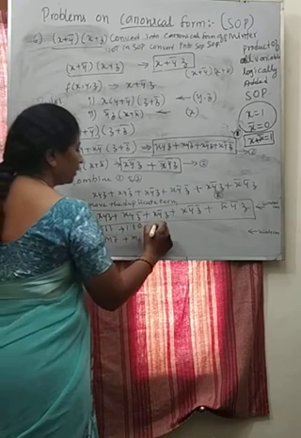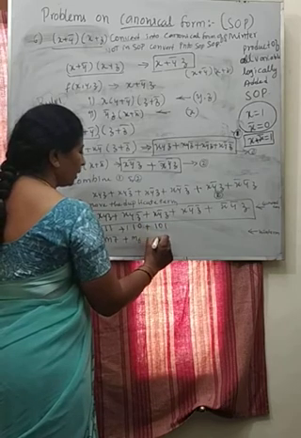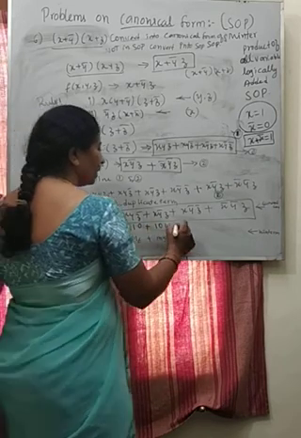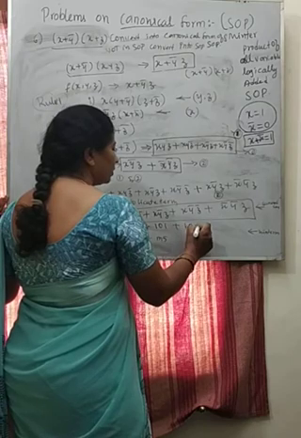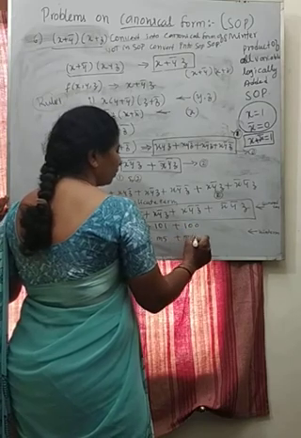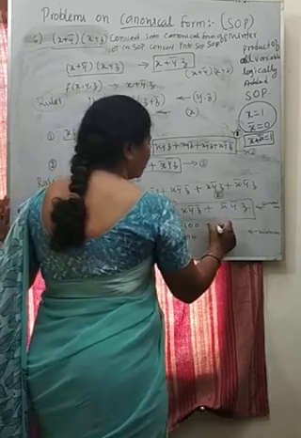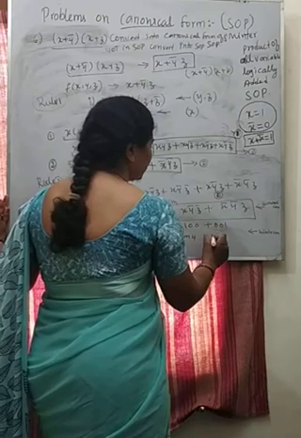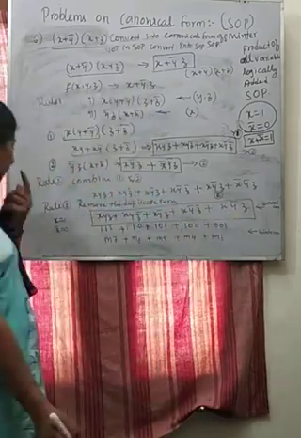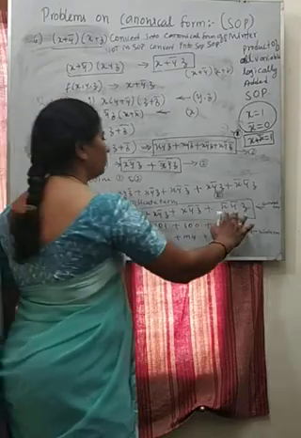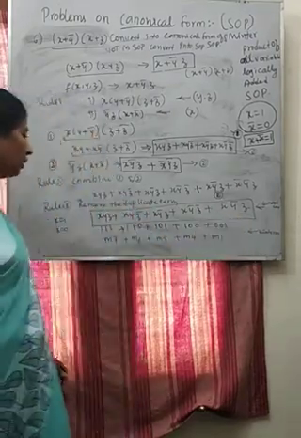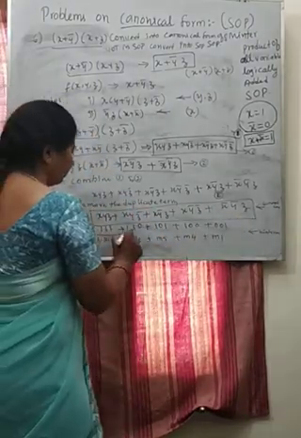Then here 1, 0, 1, m5. Then here 1, 0, 0, m4. Then here 0, 0, 1, you will get m1. Did you get it? The complemented variable means 0, uncomplemented means 1. This is your min term.